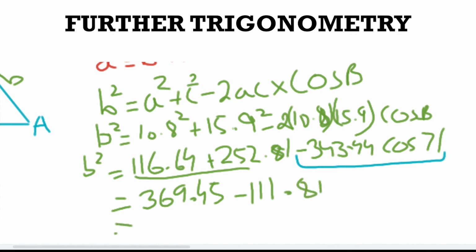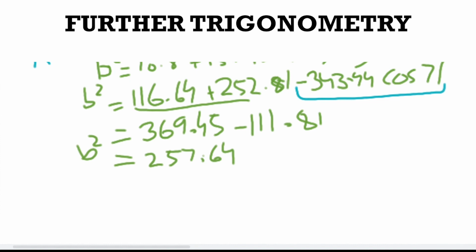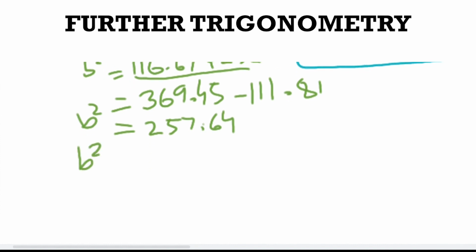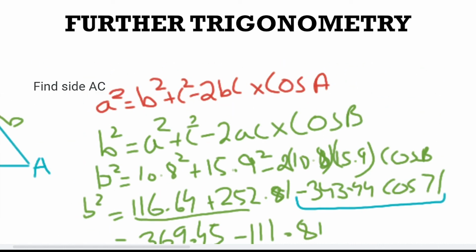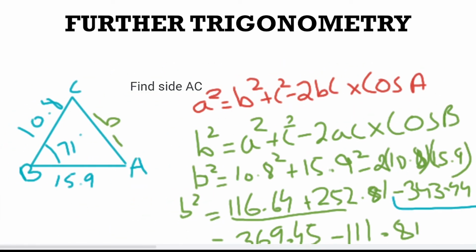So now we will subtract it further, which will give us the answer 257.64. Now we can take the square root on both sides. So the square and square root will cancel, and the square root of 257.64 will be equal to b, that b is equal to 16.05, and that's our answer. So that's how we can calculate the answer for this side.